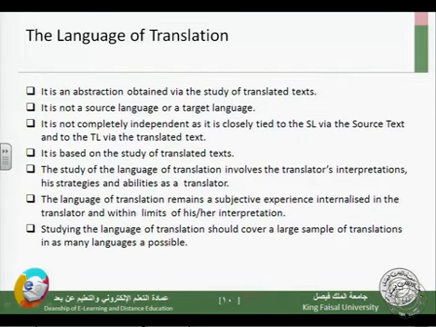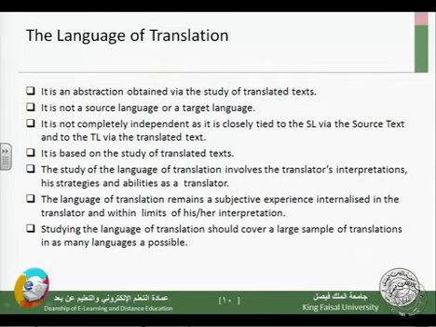Studying the language of translation should cover a large sample of translations in as many languages as possible. Now, if you want to do some research on the language of translation, you need to have many samples from different languages, and then you could say, okay, the language of translation in Chinese or into English or into French has got certain characteristics.